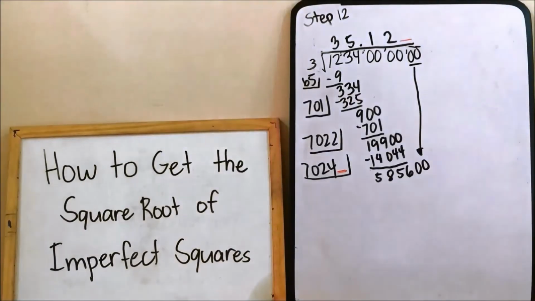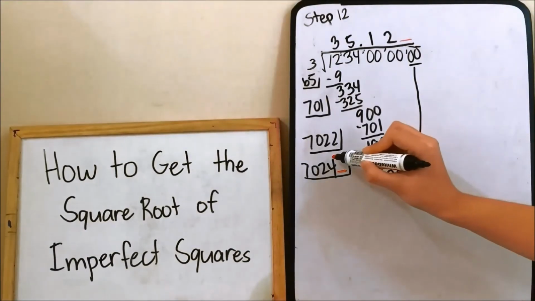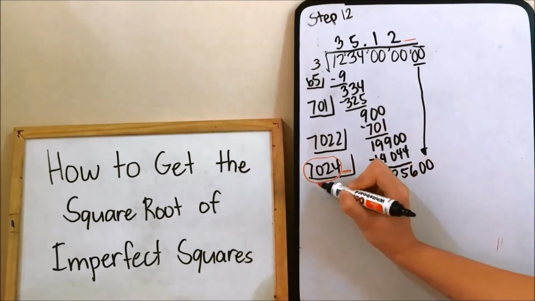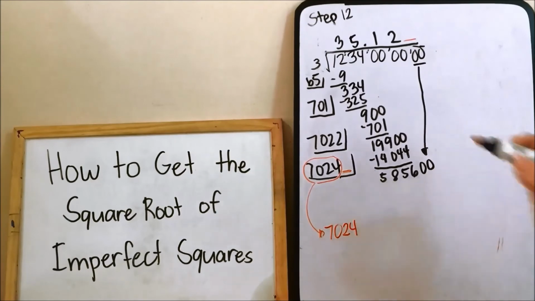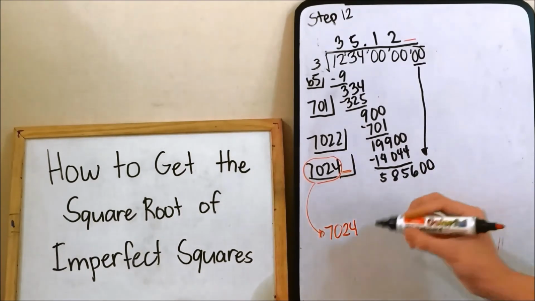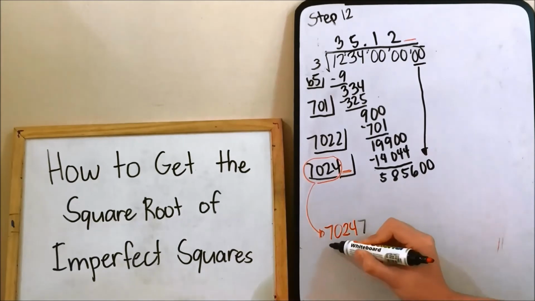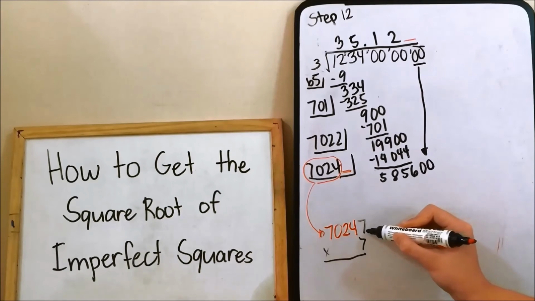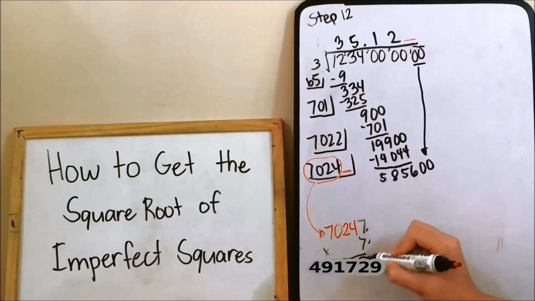We've done this a lot of times already, so you already know. So we'll be using this again, 7,024. For our trial and error number, let's try 7. 3,247 times 7. Remember that the numbers here must always be the same.